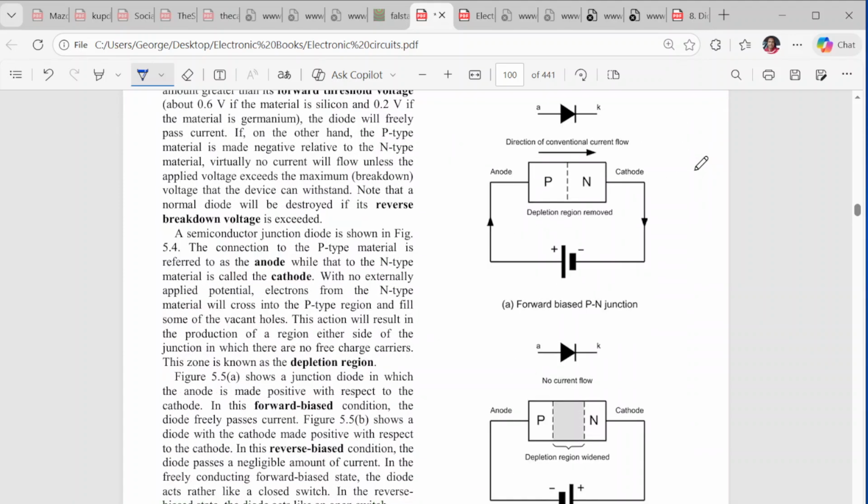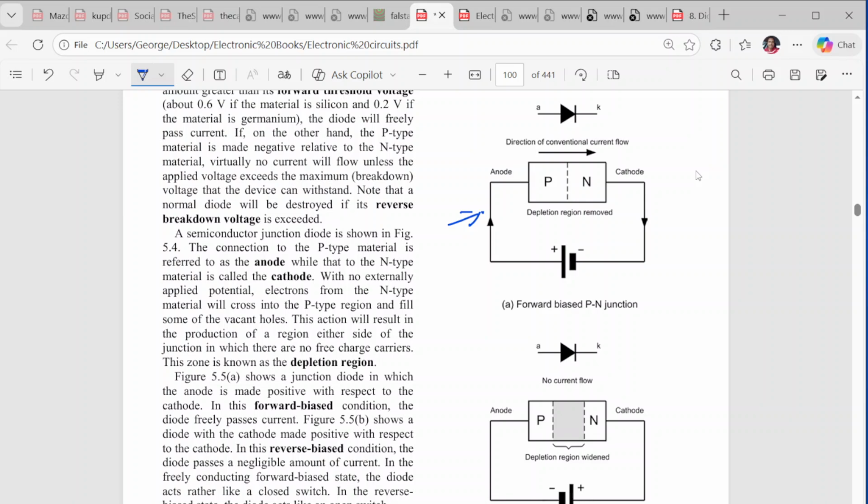Alright, so let's take a look at these two circuits here. In this circuit here, the diode is in forward bias. Notice that the P-type side, the anode, is connected to the positive side of the battery, and the N-type, the cathode, is connected to the negative side of the battery.